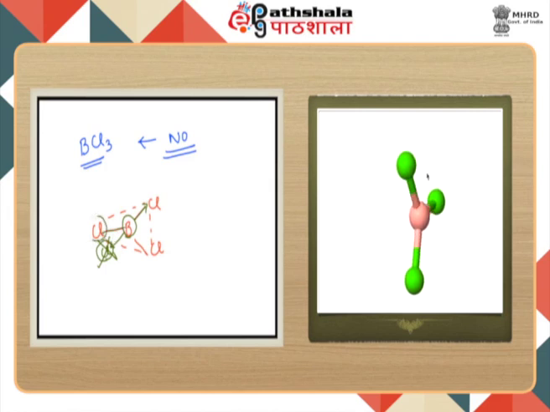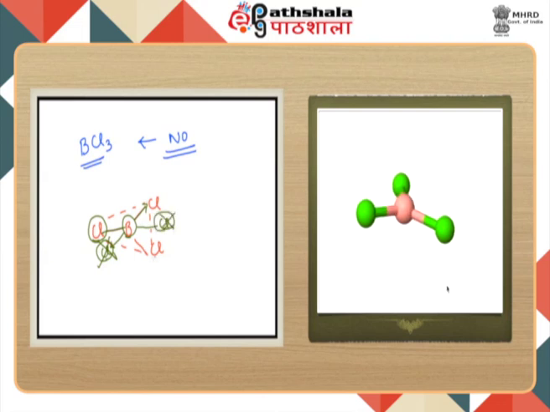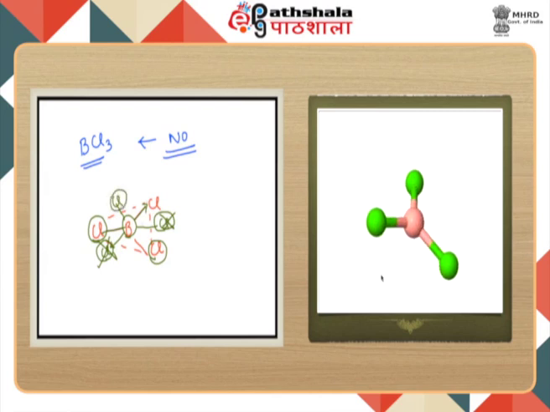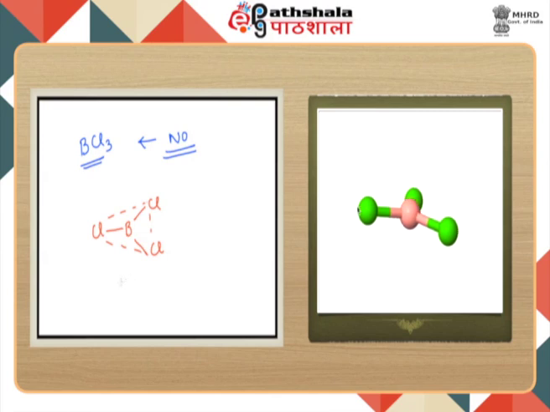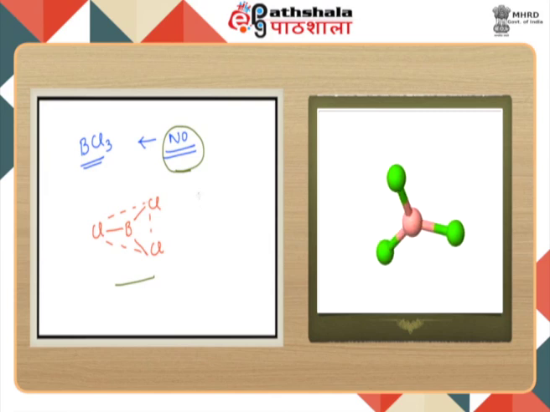And similarly for this chlorine atom, there should have been some chlorine atom here, which is again not the case. And similarly for this chlorine atom, there should have been a chlorine atom diagonally opposite, which is also not the case. So what we conclude is that in BCl3, there is no center of symmetry or location of point of symmetry.